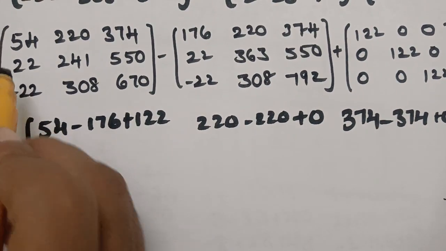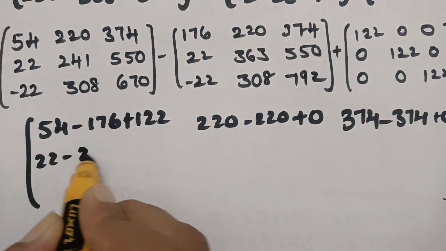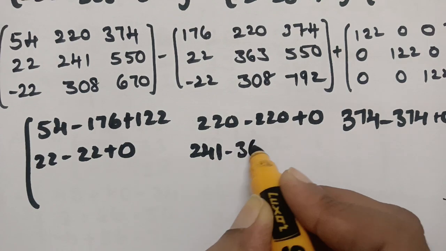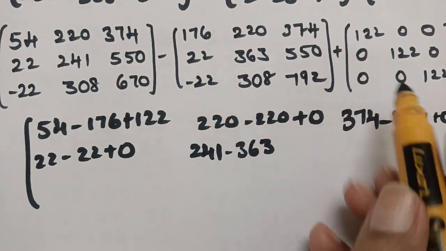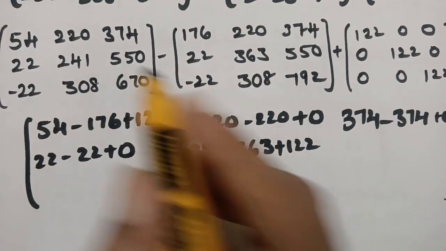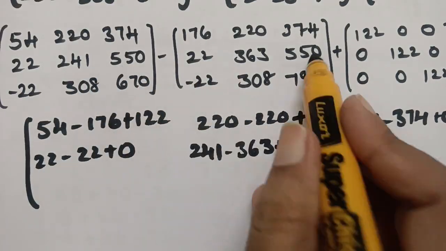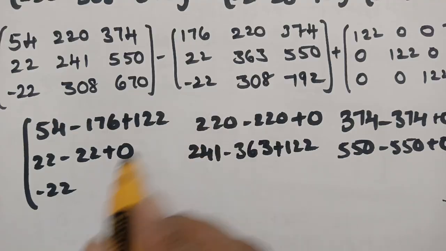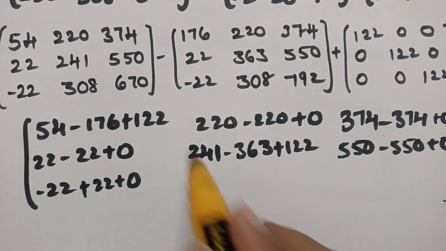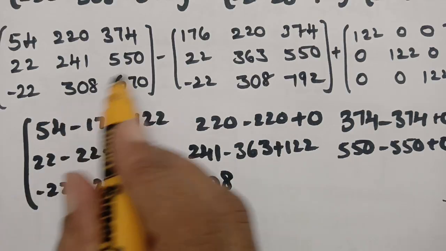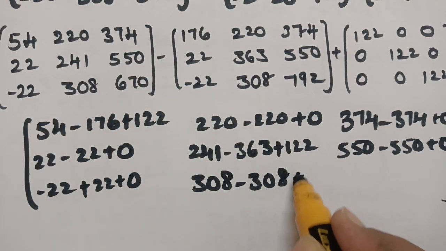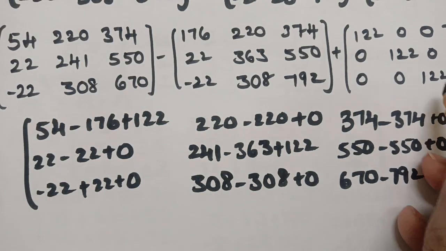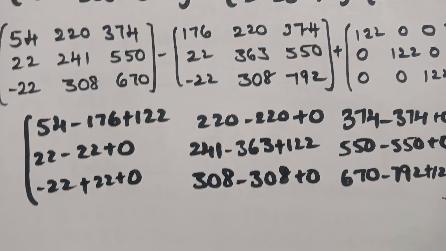And the next thing here is 22 minus 22 plus 0, and this is 241 minus 363 plus 122. And the next thing is 550 minus 550 plus 0, and this is minus 22, minus of minus, plus 22 plus 0, and this value is 308 minus 308 plus 0, and this is 670 minus 792 plus 122.